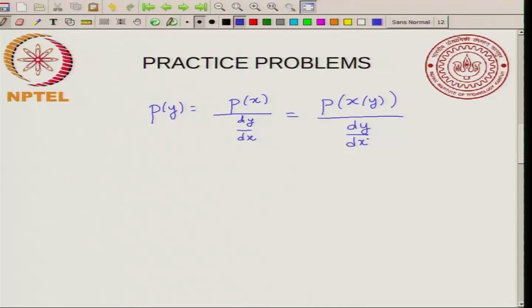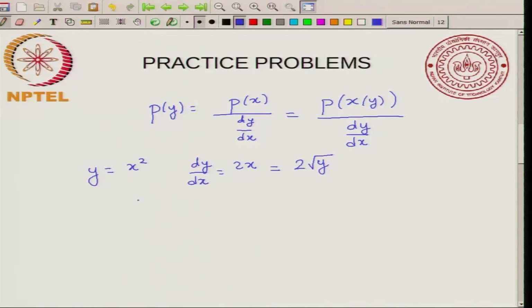So, let us go ahead and do this. What you have is y equal to x square, dy by dx is equal to 2x, but this is expressed as a function of x. If you want to express this as a function of y, you will get 2 square root of y, because x is nothing but square root of y.